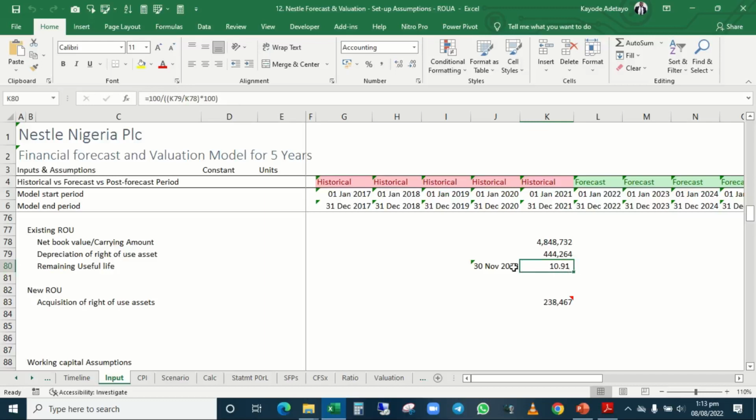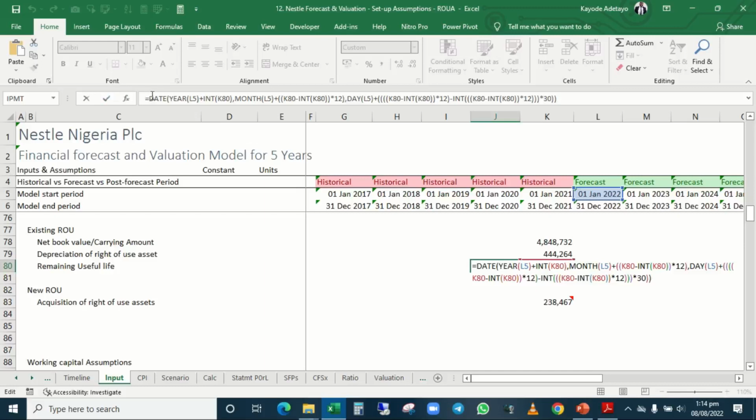So this is 10.9 years, and I did a formula here that shows when this asset, if we start depreciating it on these dates, the depreciation should end on this date, 30th November 2032. So this is a bit of a date.